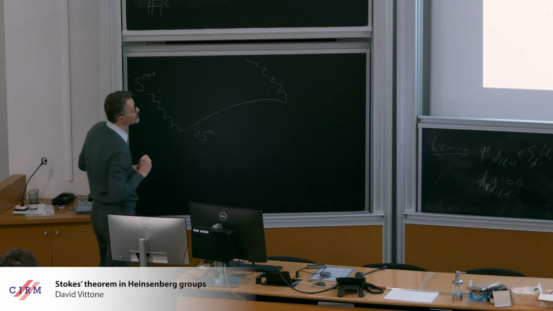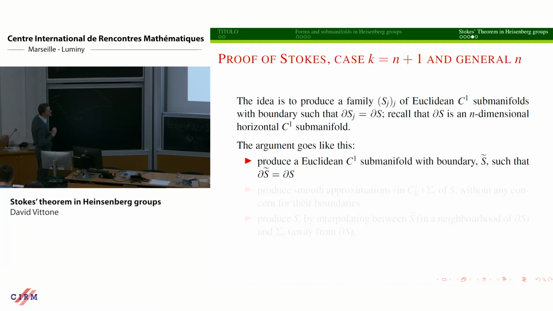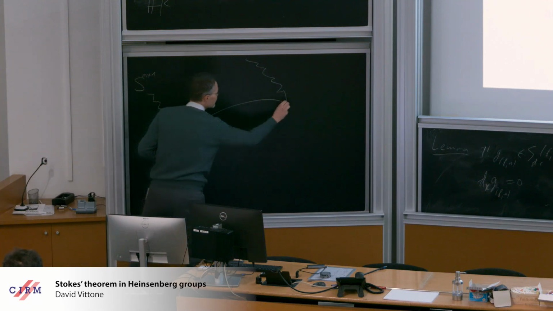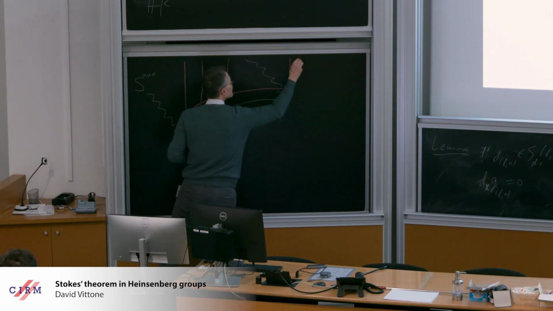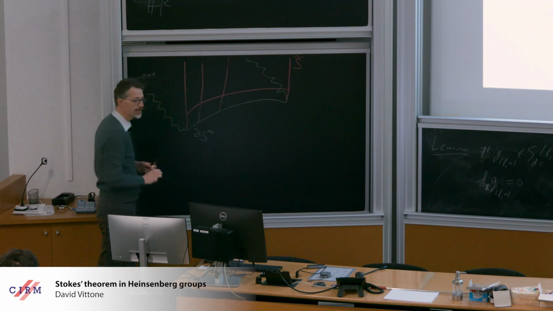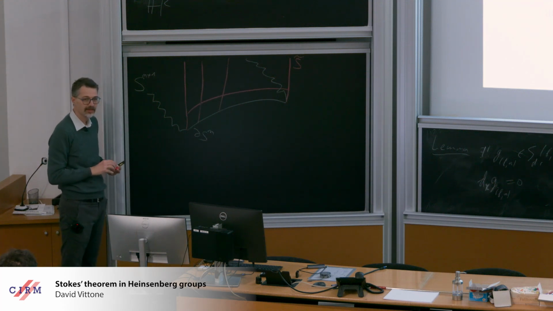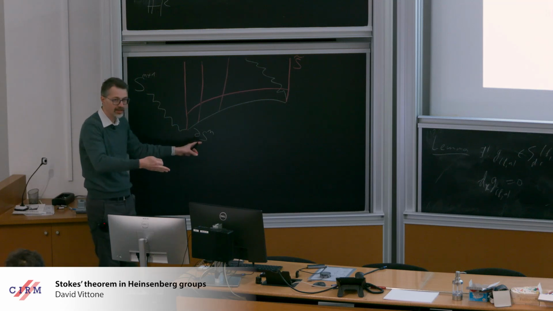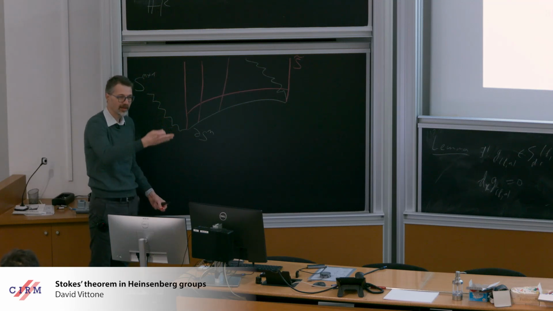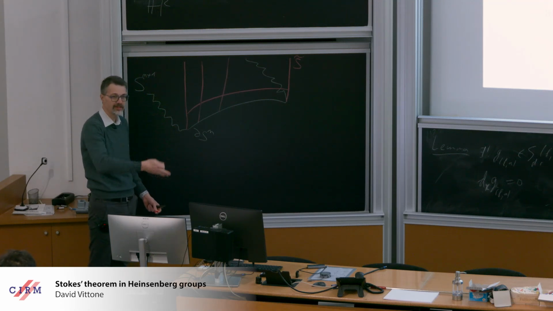So we first produce a Euclidean C1 submanifold S tilde with the same boundary, and this can be done simply by extending the boundary. S tilde is the red submanifold there, which is simply taking the boundary and extending it by vertical invariance.